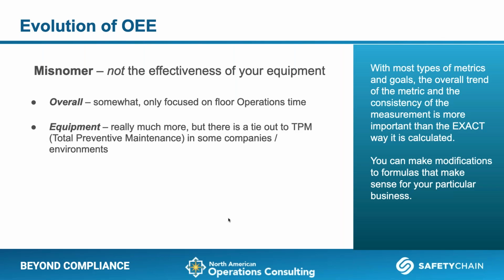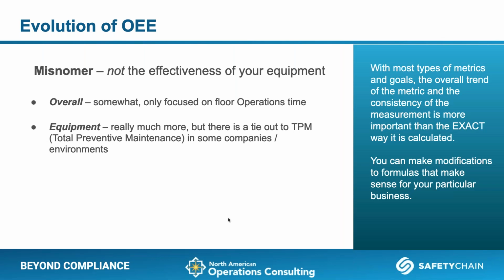On the equipment, it's really much more. The original came from TPM, and it is based on the equipment, but we're really trying to measure the effectiveness of the entire, and I'm going to state this maybe once or twice more in this short time, the overall team that is working to produce whatever your process is doing.